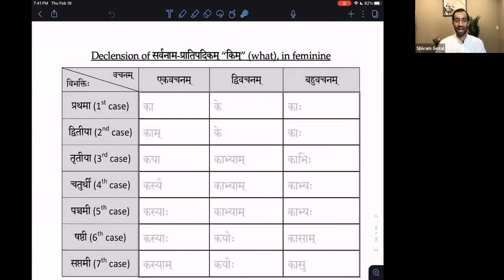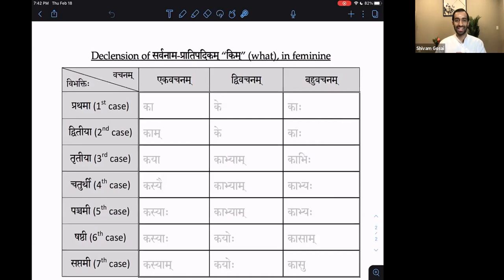Ka, ke, kaha. Kam, ke, kaha. Kaya, kabhyam, kabhihi. Fourth case, kasyai, kabhyam, kabhyah.